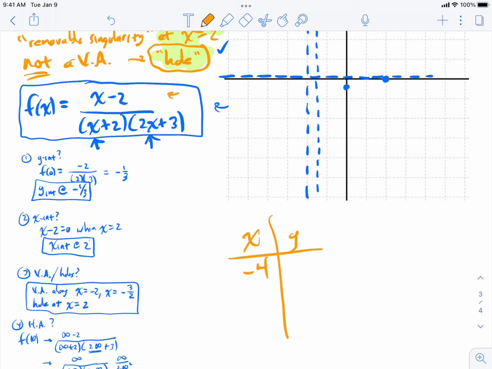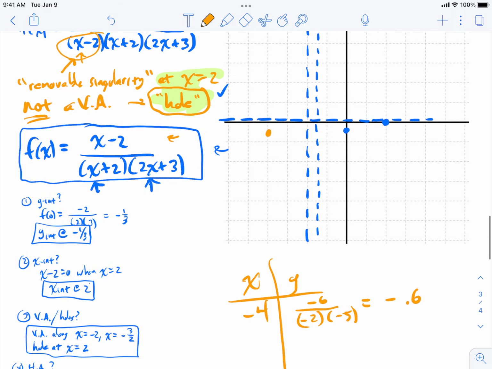Looking at my function, I'd have -4 minus 2 is -6 on the top. -4 plus 2 is -2. 2 times -4 is -8, plus 3 is -5. Notice this is a negative, it's 6/10. So when x is negative 4, I'm at just about here. That's all I need to know, because I'm only interested in the general behavior here.